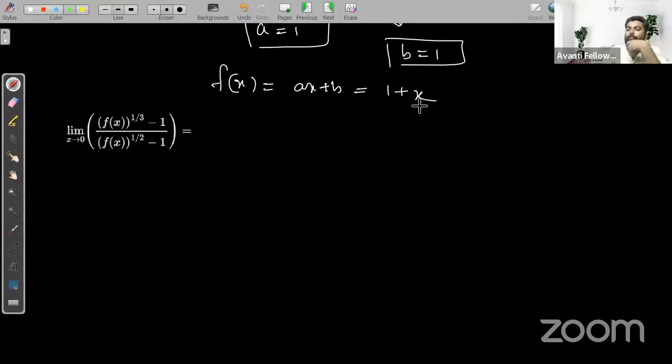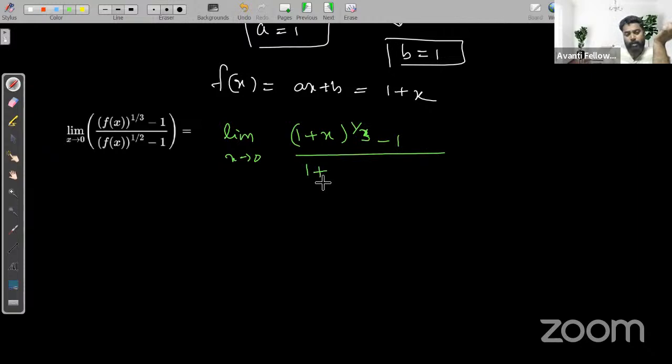So the limit as x tends to 0 of 1 plus x to the power 1 by 3, minus 1, divided by 1 plus x to the power 1 by 2, minus 1. If you put x tending to 0, this limit is in the form 0 by 0, so we can easily use the L'Hopital rule.